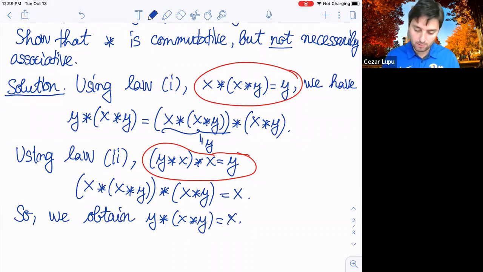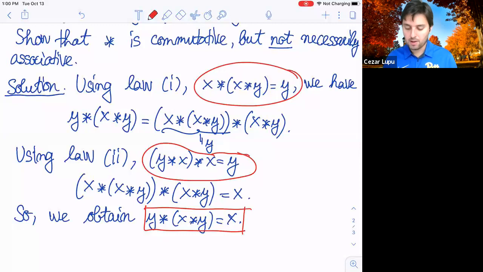All right, so we have this piece of information, so let's hold this here. Keep in mind that we have to show somehow the commutativity. Now I think we're on a good track.